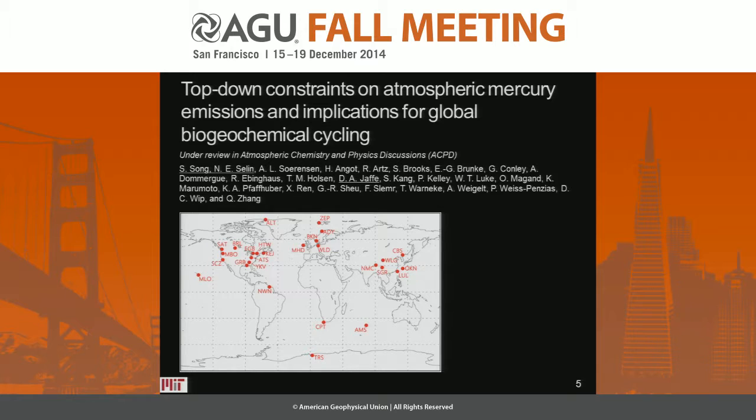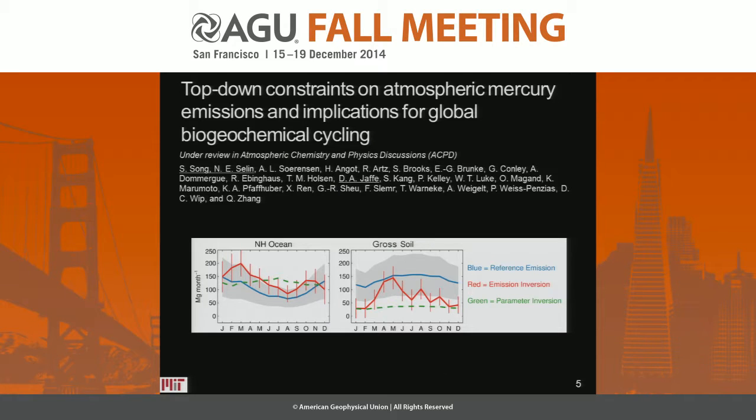This inversion approach can take into account errors in emissions, parameters, and observations, including the previous intercomparison errors. The result related to this NOMADSS work is that the inversion increases the GEM emissions from the northern hemispheric ocean, but decreases the GEM emissions from the land. We will see the effects of these changes when comparing with the NOMADSS data.